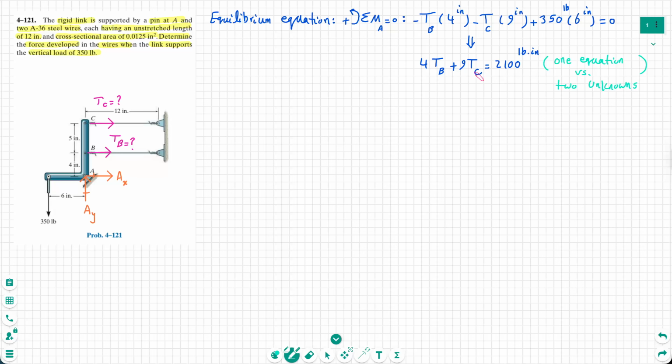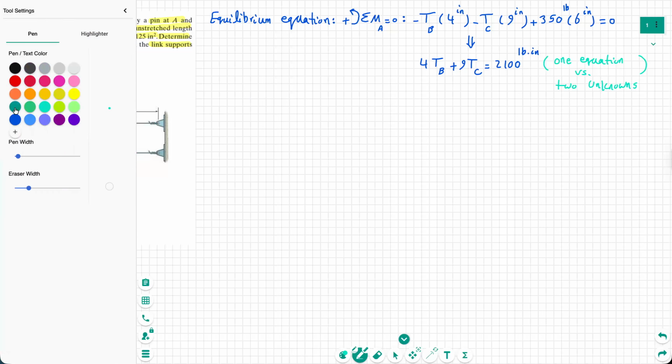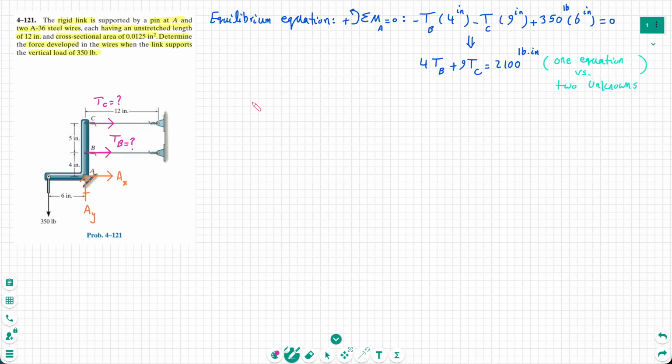So to solve this, we need an extra equation, and this extra equation doesn't come from the statics or equilibrium. These extra equations come from compatibility. We call it the compatibility equation.